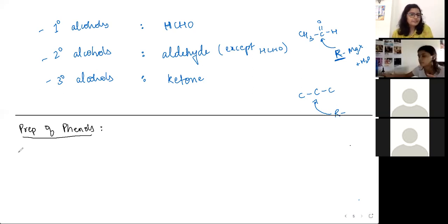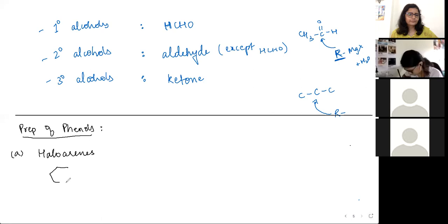Preparation of phenols is pretty important, pretty easy. It's not as detailed as with alcohols. So for preparation of phenols, the first is from haloarenes. What are haloarenes? Do you remember? They are compounds with a halide.